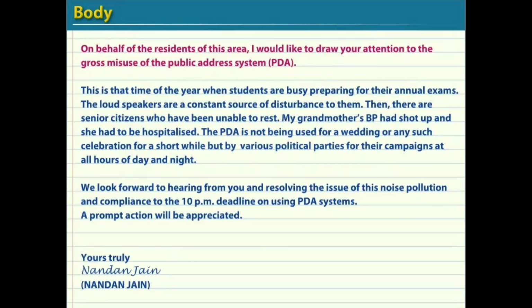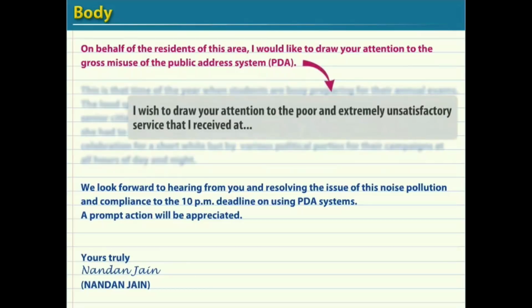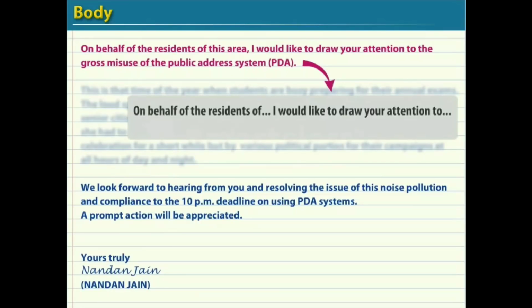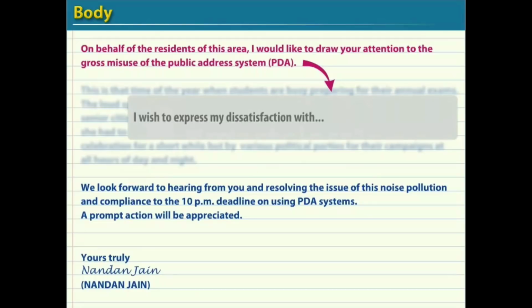Begin with sentences or phrases like these. I wish to draw your attention to the poor and extremely unsatisfactory service that I received at. I am constrained to complain against the. On behalf of the residents of, I would like to draw your attention to. I wish to express my dissatisfaction with.